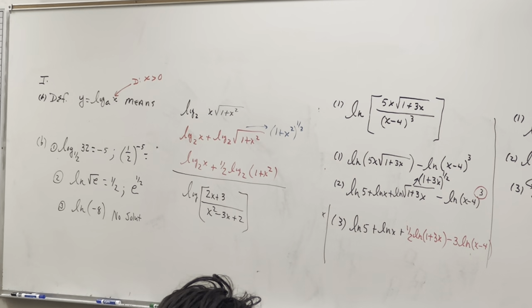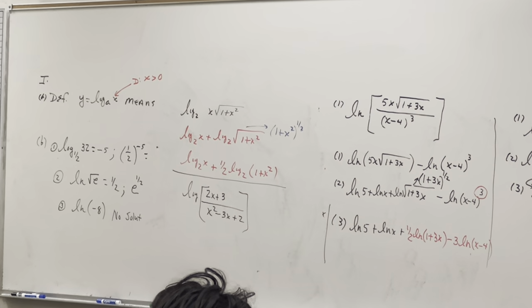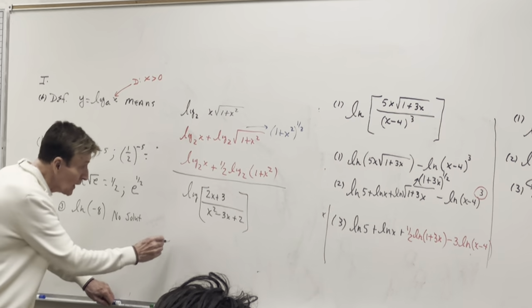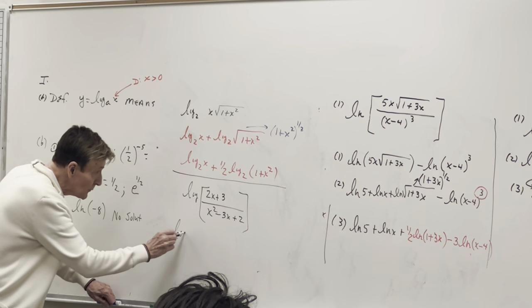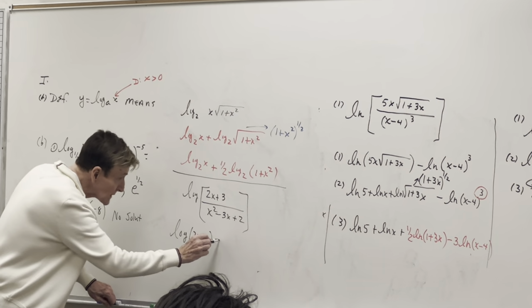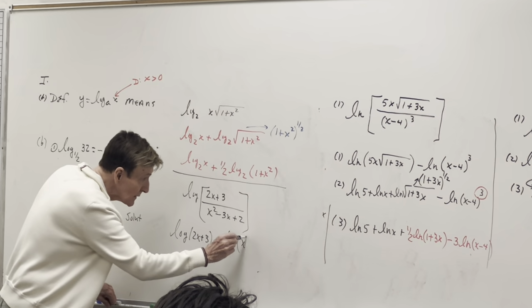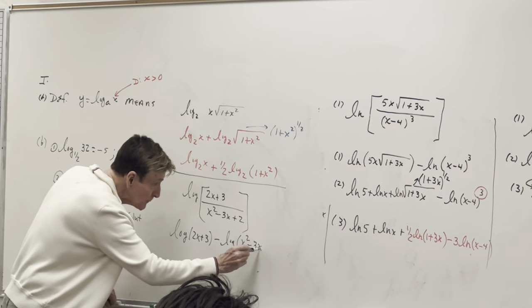They call it a common logarithm, so it's missing, so it should be a 10 there for a log. My concern though is, let's apply the properties. Guys, quotient property. Let's write this as log of 2x plus 3, subtract log of x squared, subtract 3x, which you gave me, plus 2.